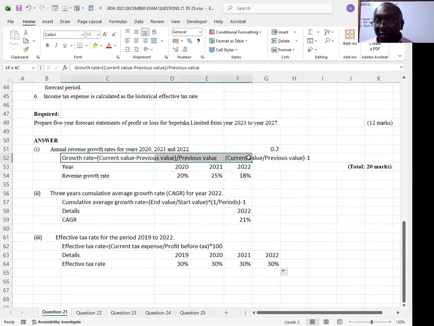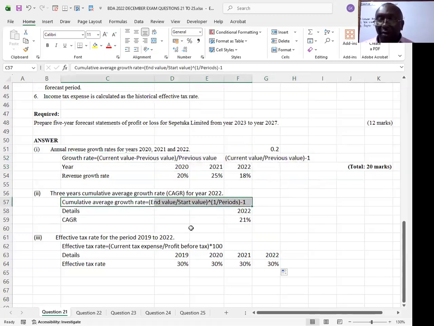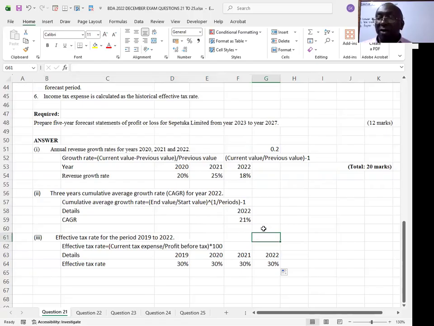Now, what I need to mention is that in the CASNEB exam, you don't have to keep on writing these formulas. You should just know them in your head. And the examiner will be able to know very well whether you know it, because I only need to click the answer you have given here, and it will be reflected on the formula bar.